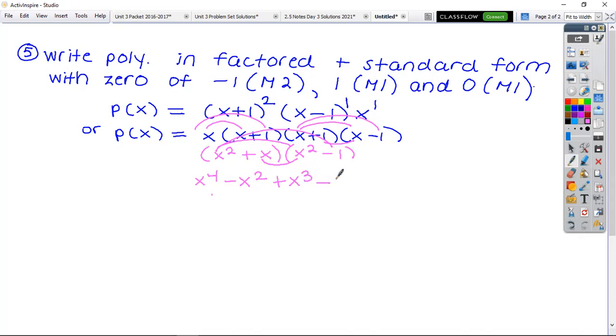And lastly, minus x. I rearrange, and that is your last answer, which is written in standard form, highest exponent down to lowest. If you prefer box method on that type, you could do that as well.